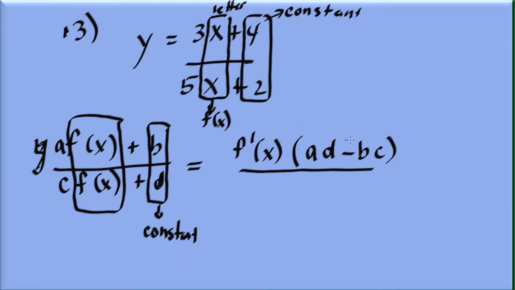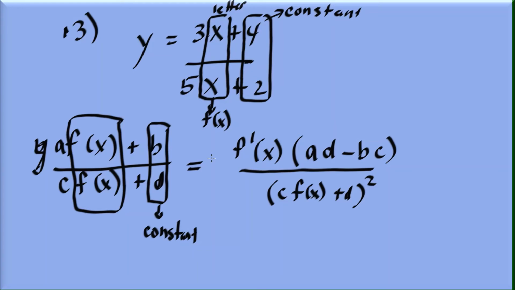It's actually a determinant formula, and we're going to use it as part of our trick. Over that same denominator, c times f of x plus d, you just pick up the denominator and square it, just like in the quotient rule.